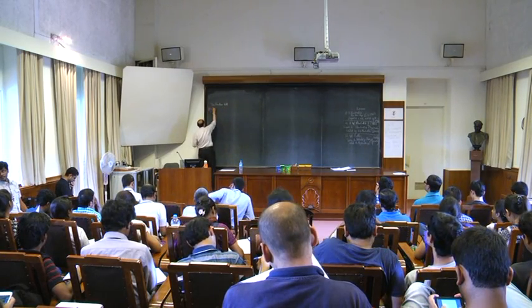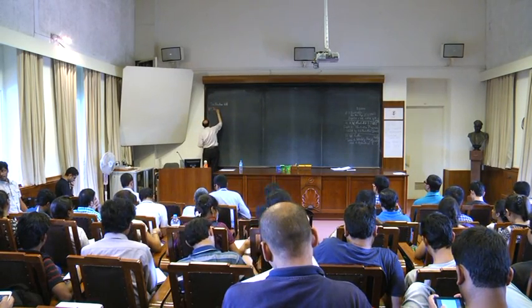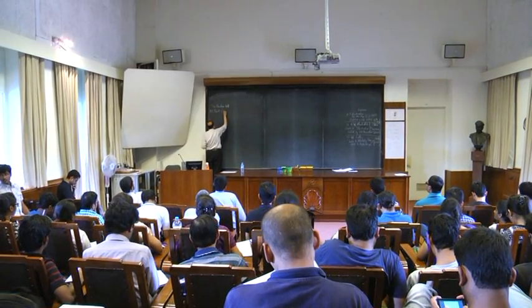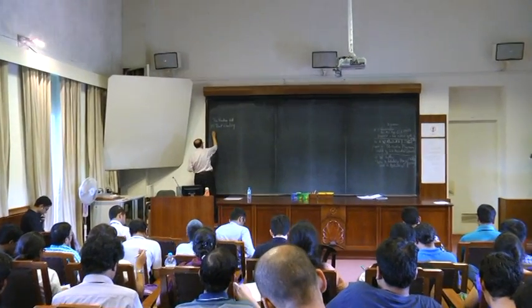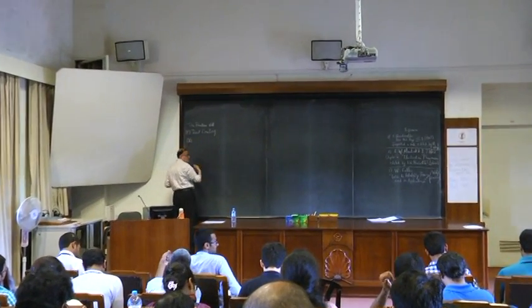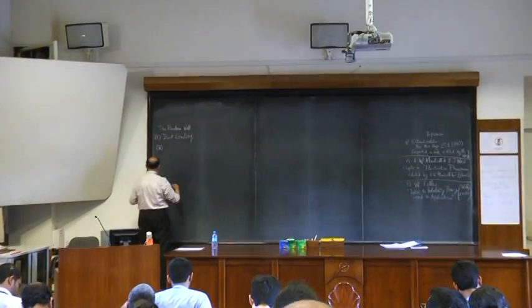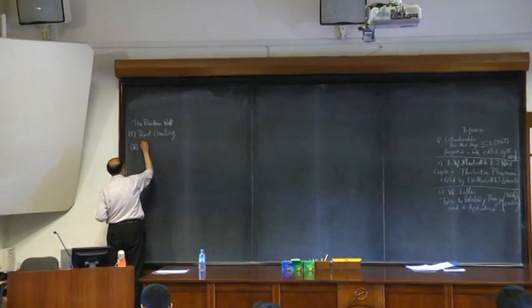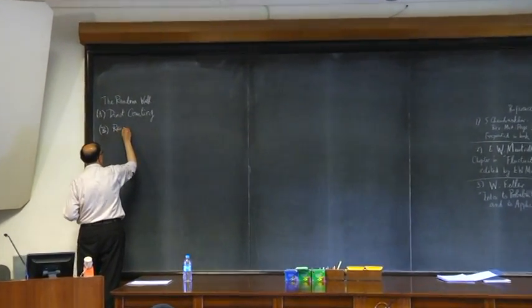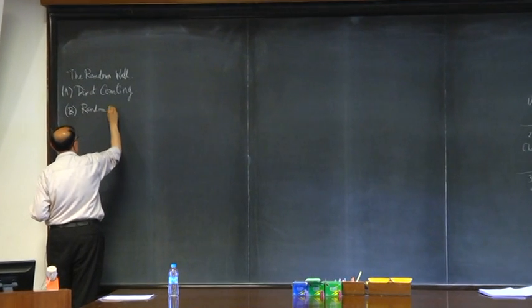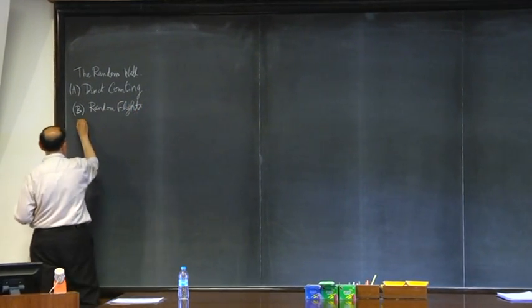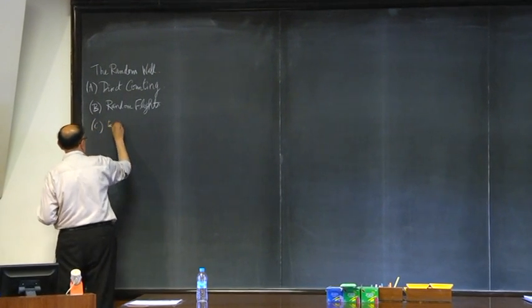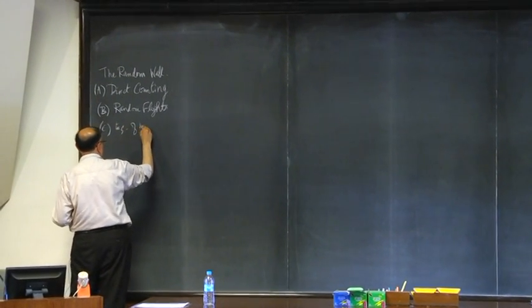A was by direct counting, meaning we counted out the possibilities of reaching a particular site after n steps, and then we took a limit. Then we looked at the method of random flights. And last of all, we wrote an equation of motion for P.